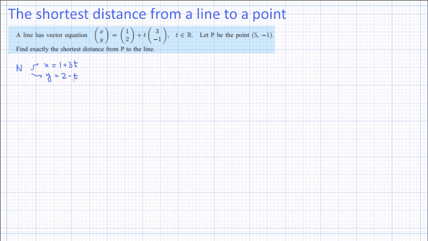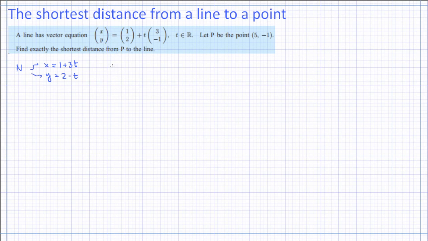Those are the coordinates of this point N, and let's assume now that this point N is the foot of our vector. So it's the point which is going to give us the shortest distance to point P.